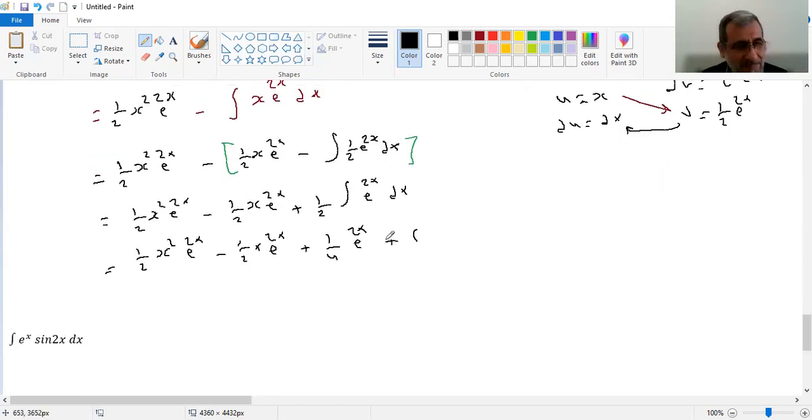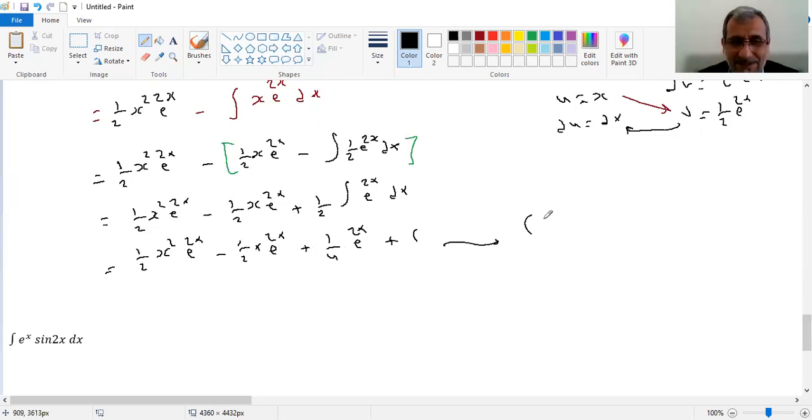Okay, this one also can be simplified. I can take a common factor e^2x. If we take e^2x as a common factor here, what will be? I can multiply this 2 by 2 to be 4.